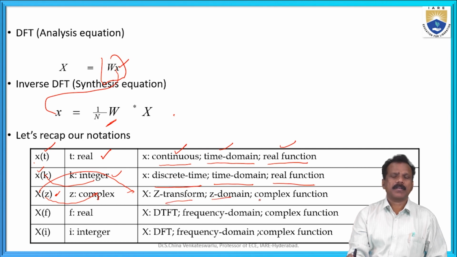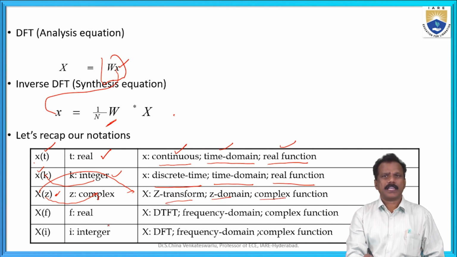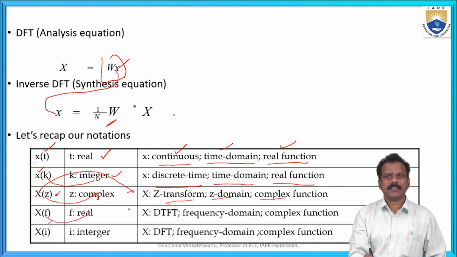Next, X of f, where f is real, is the discrete time Fourier transform, a frequency domain and complex function.